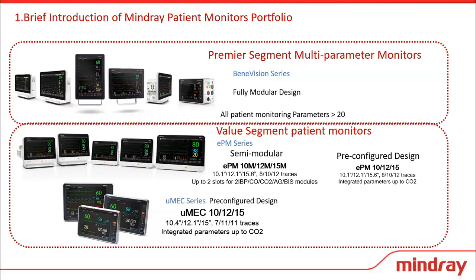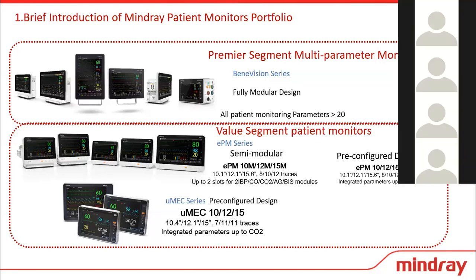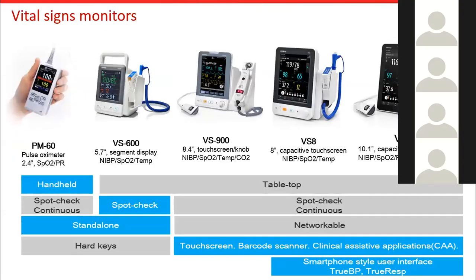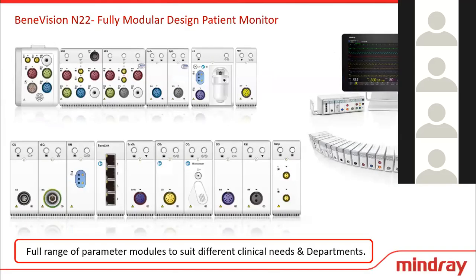And then secondly, we have the value segment, which is divided into two, EPM series and UMEC series. And again, we have the vital signs monitors, our third segment of patient monitors. These are just vital signs for spot checks and monitoring of patients in general wards and even emergency departments.